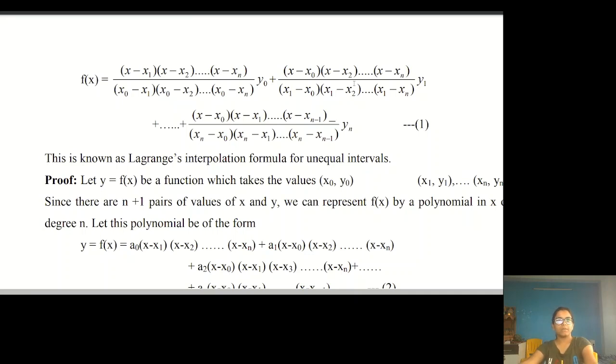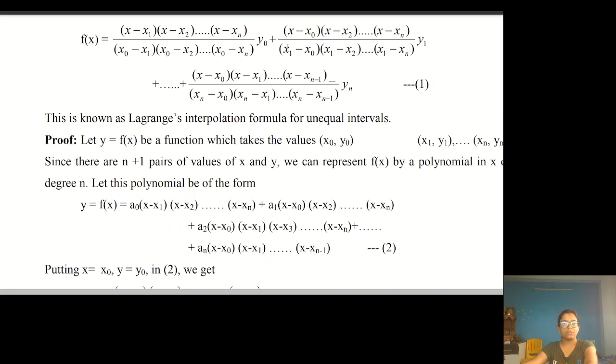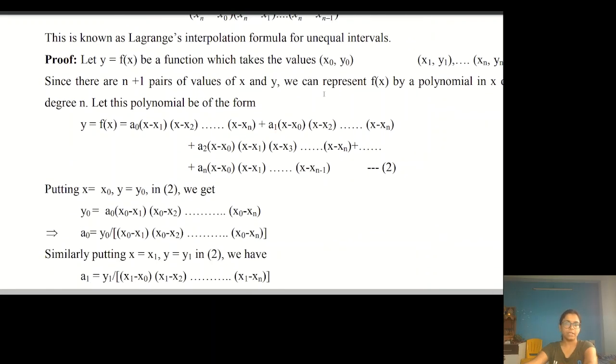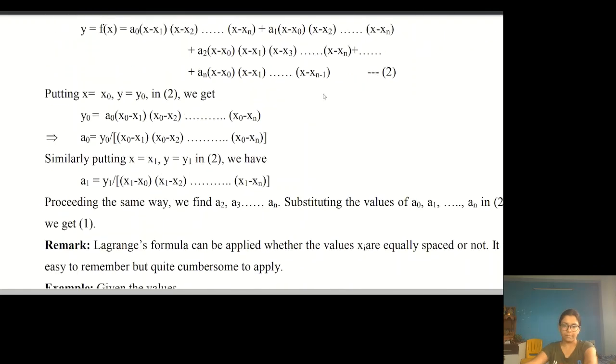but when it comes to tabulated formulas, like for a ninth term or any term like a 10th term, it would be very cumbersome as we have to generate a polynomial for every other term that we are using. And so that's why it is easy to use, easy to remember, but difficult to apply.